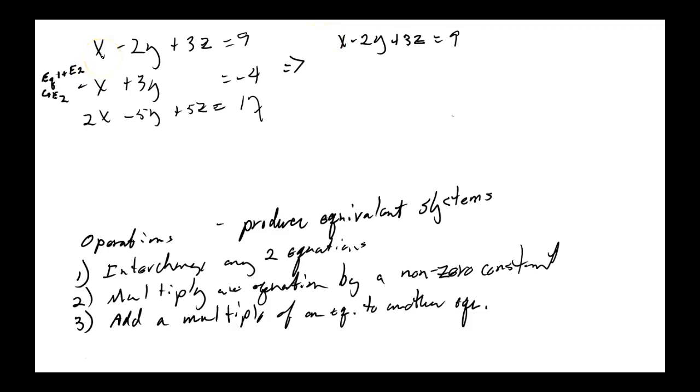We want a 0 below it, so let's just add equation 1 to equation 2, and that'll become the new equation 2. So add x to minus x, and what do you get? 0. Add minus 2y plus 3y would give you y. Adding 3z to 0 gives you 3z, and adding 9 to minus 4 gives you equal 5.